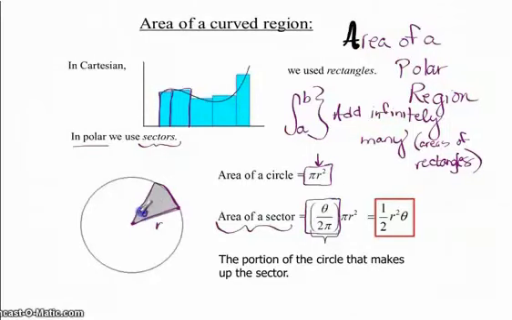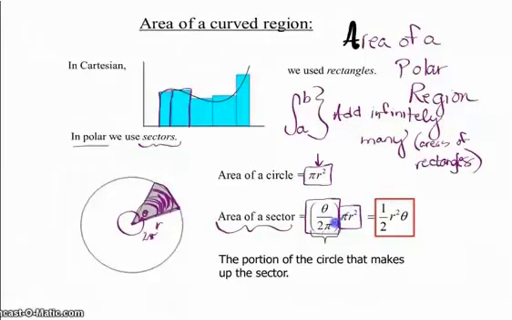We remember, hopefully from geometry, that if we were going to find the area of any sector, we took the portion of the whole circle, which is what this factor here represents. If theta is a smaller measure than one entire revolution, which is 2 pi, then theta divided by 2 pi is the portion of the circle that we're talking about. And that portion of the circle we're going to multiply by the area of the entire circle. So the area of any one sector in a circle was theta over 2 pi times the area of the whole circle, pi r squared.